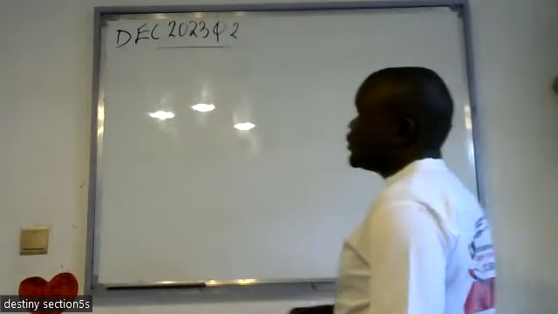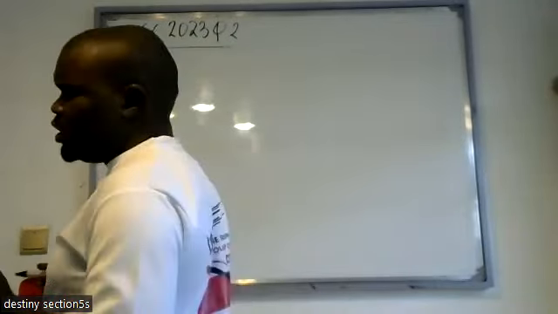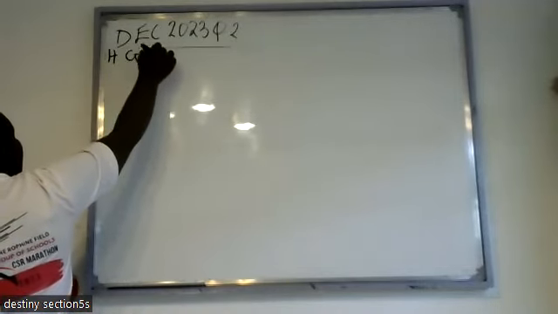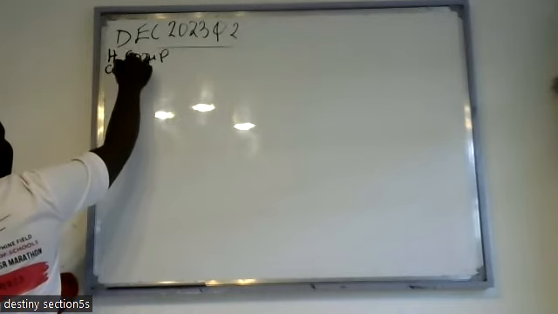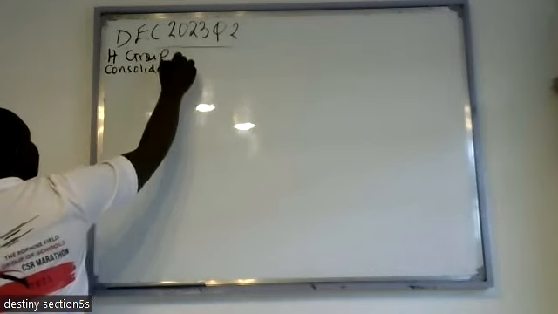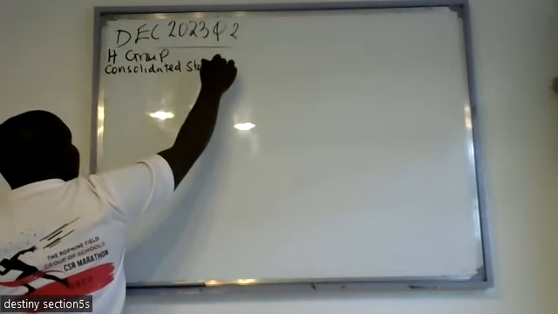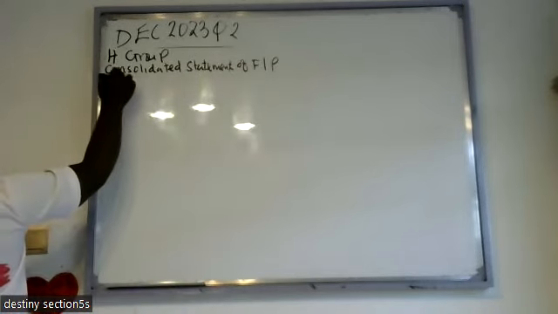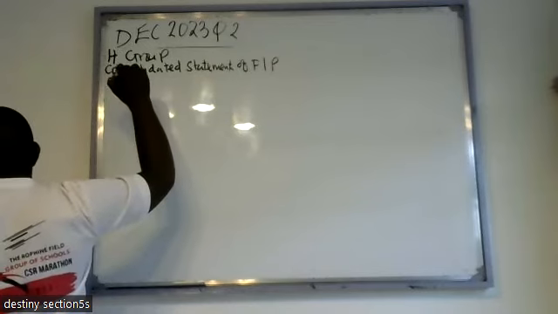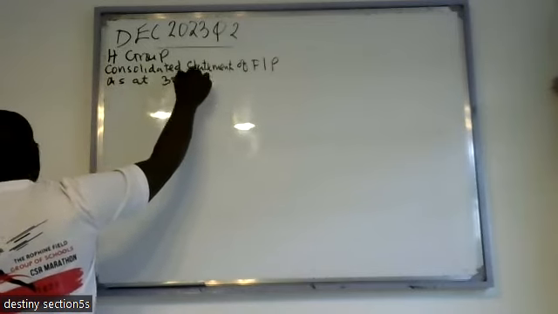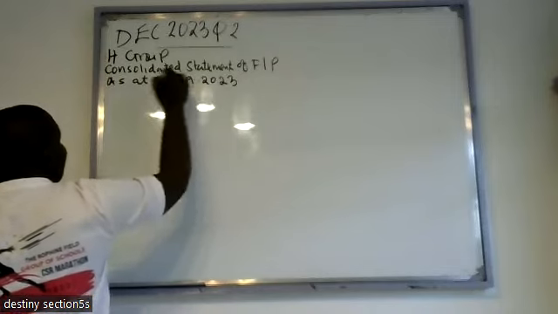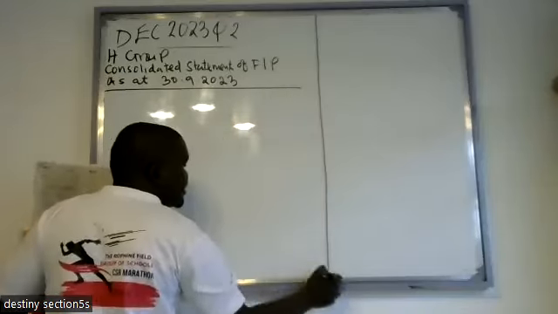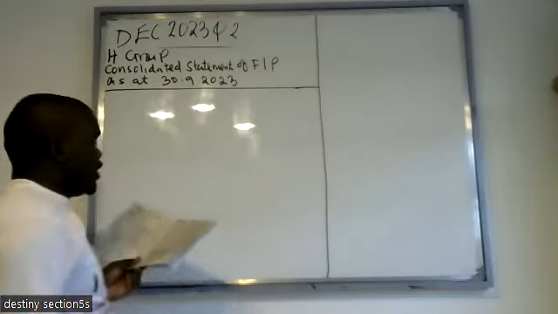Let's see what these students have to do. So right there, the name, H group, consolidated statement of financial position as at 30th September 2023.